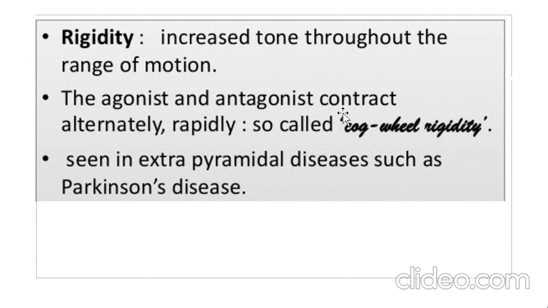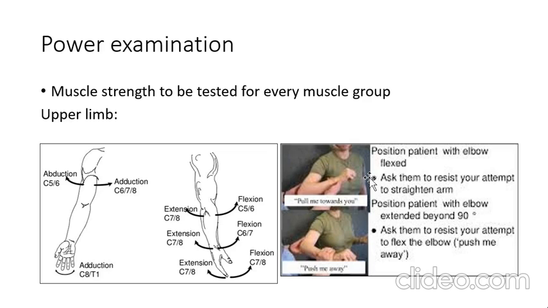If all groups are involved throughout the range of motion, that is cogwheel rigidity. Cogwheel rigidity is present in extrapyramidal disorders. Okay, so that's all about tone.